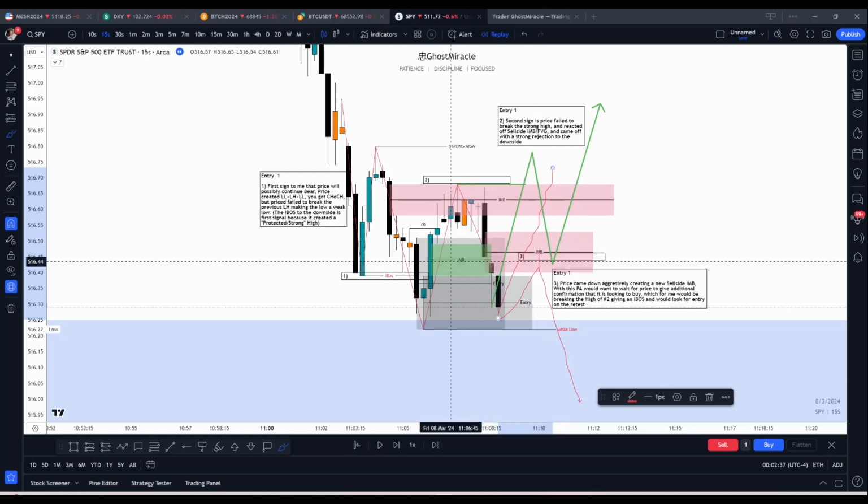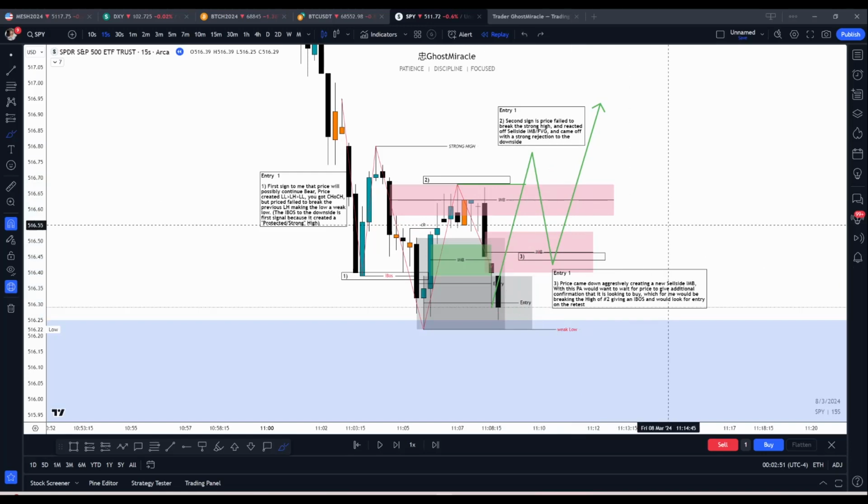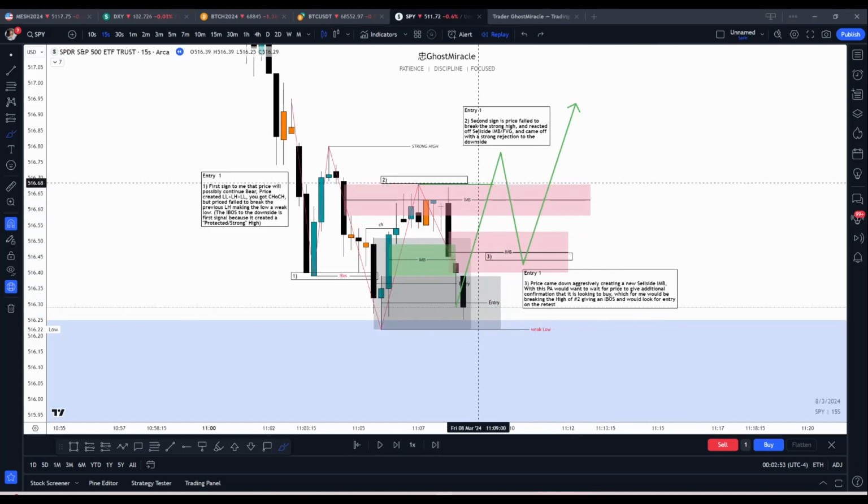Or if we created a buy side imbalance, then I would take that entry over this one, because this is just a Choch and retest, which is a risky entry model anyways. But this would be a double confirmation entry.